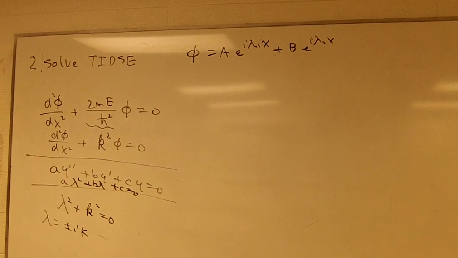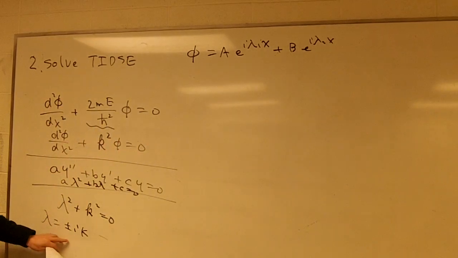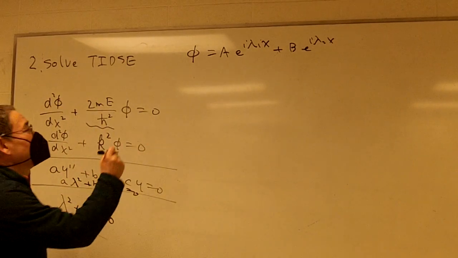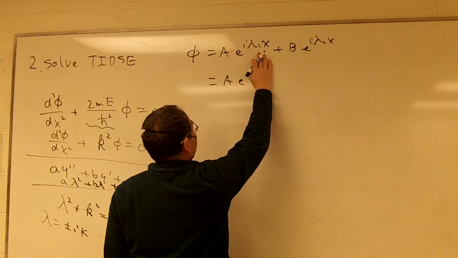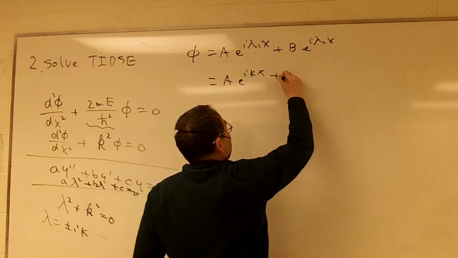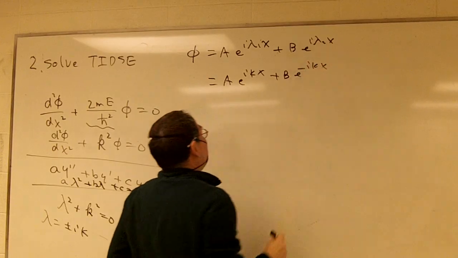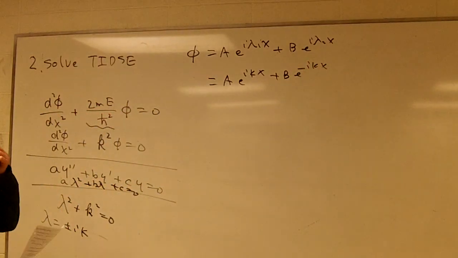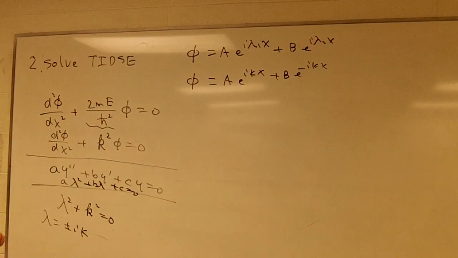Now, lambda 1 and lambda 2 are actually plus minus ik, so let me choose lambda 1 to be positive k, and lambda 2 to be negative k, so I will have this particular expression. And this is my wave function for the moment.